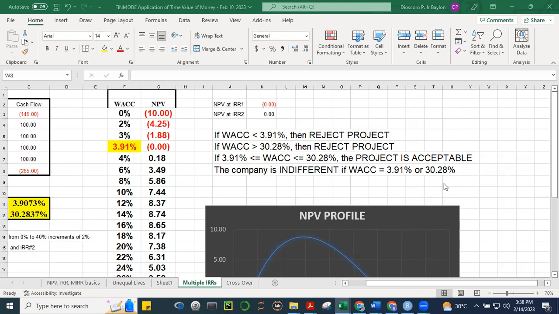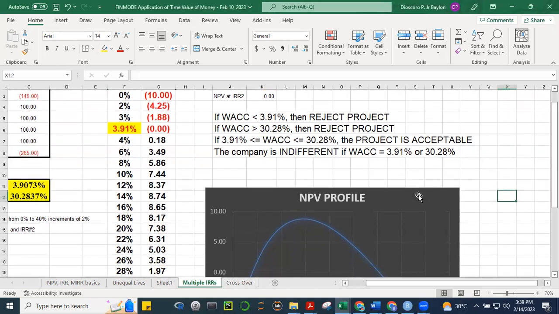Of course, there are other factors that might enter the picture. Kunyari, the company is just new in the industry, tapos they would like to establish, let's say, a track record. Of course, pag ganyan, gawin, di ba? Kasi that will mean that they have a track record of doing a particular project.